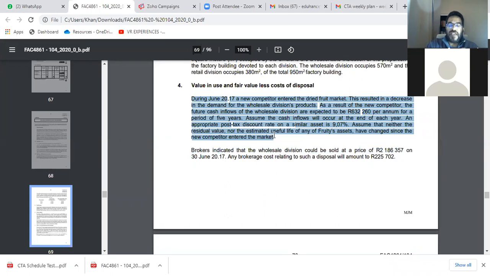We want the recoverable amount of the wholesale division. Why? Because the impairment test needs to be performed on a CGU level. We can't perform the impairment test on an individual asset level because an individual asset cannot generate cash inflows independently.